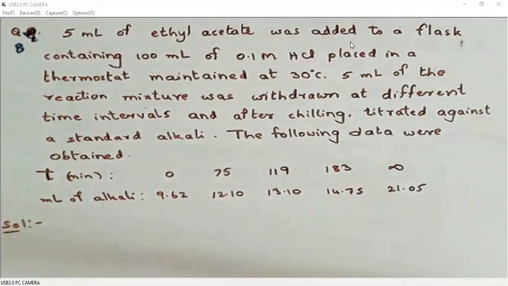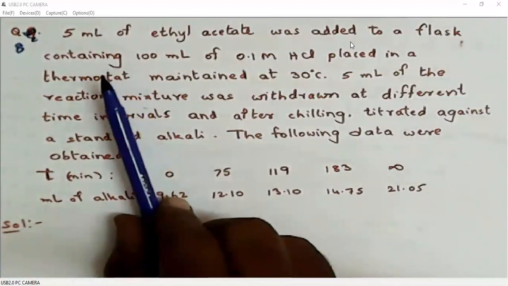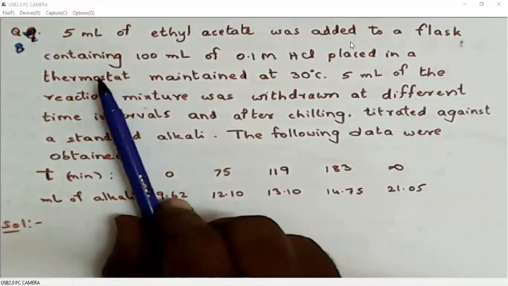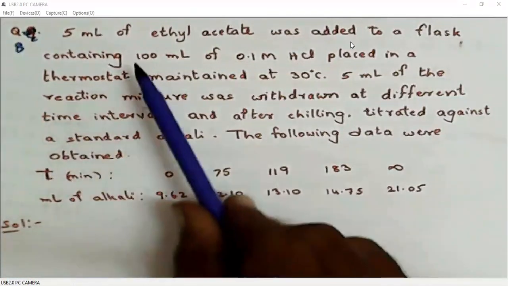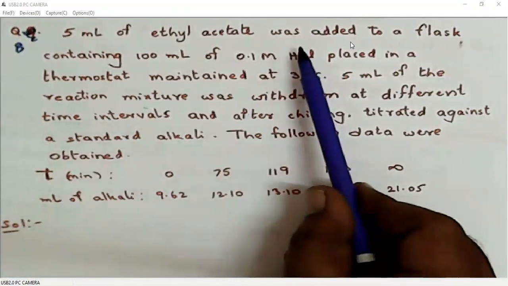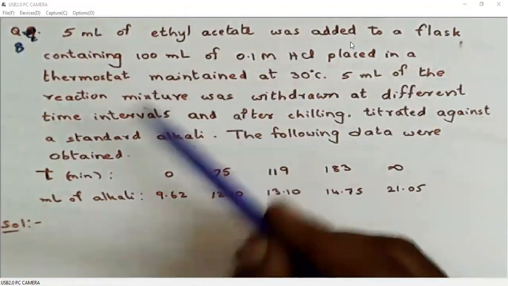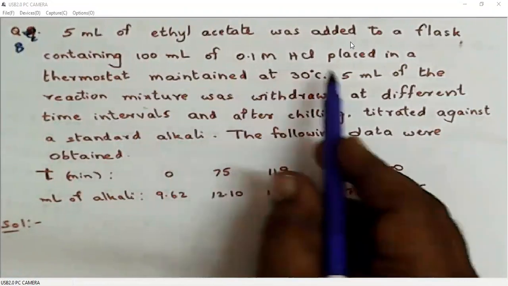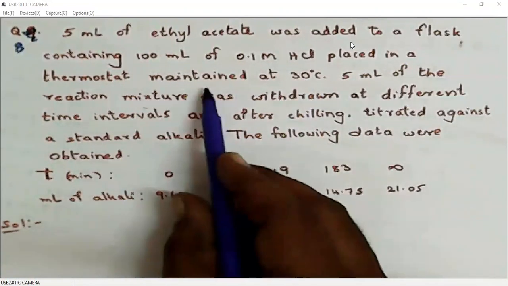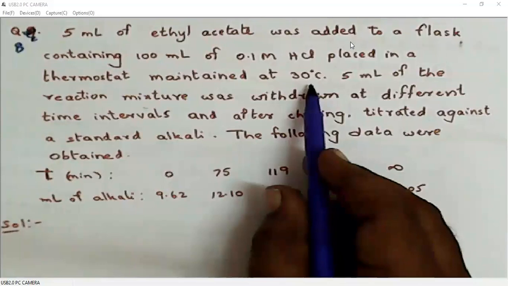Now we will look at the next problem. It is a different expression we need to use. Here they have given a practical, and we were asked to calculate. 5 ml of ethyl acetate was added to a flask containing 100 ml of 0.01 molar HCl placed in a thermostat maintained at 30 degrees centigrade.